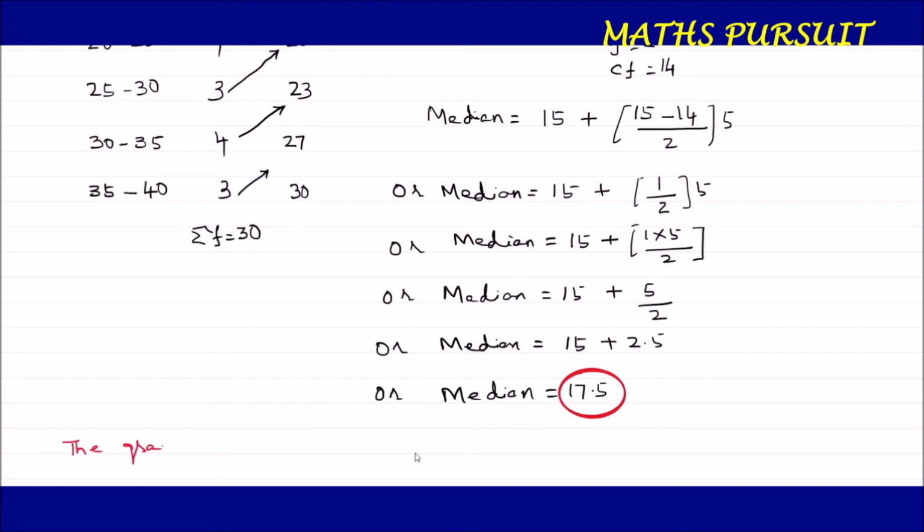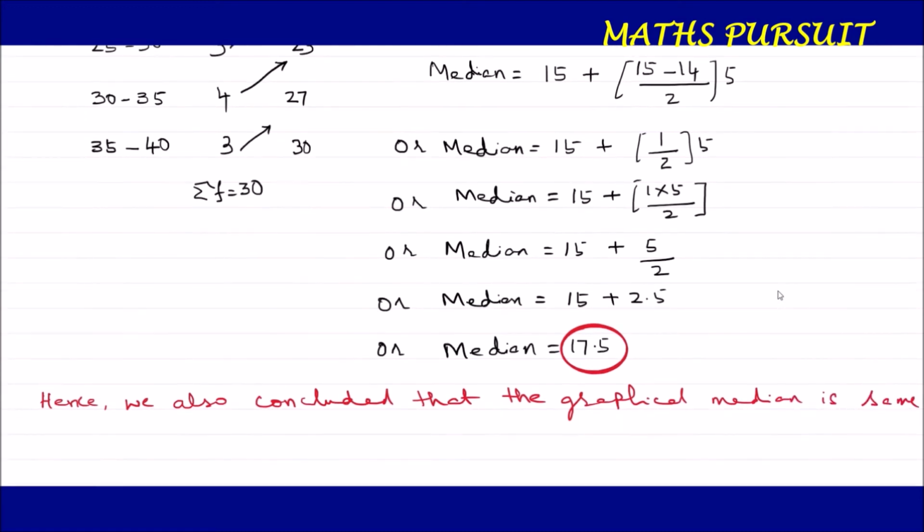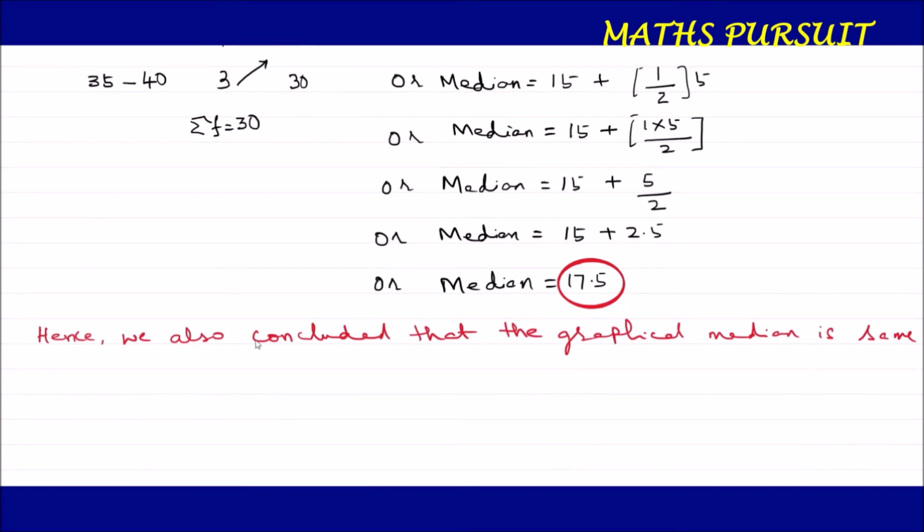So we can write in our concluding answer that the graphical median is same as that of the calculated median, that is 17.5.